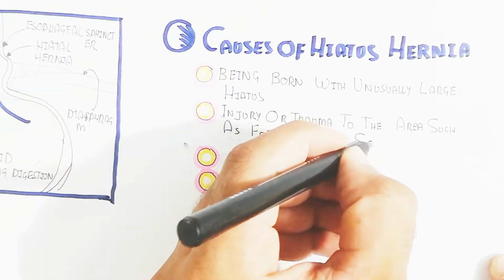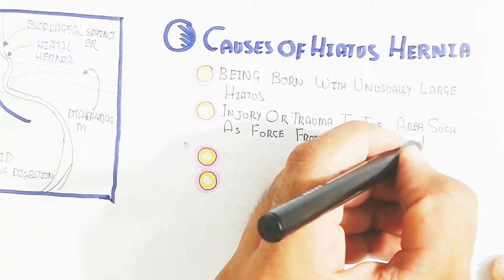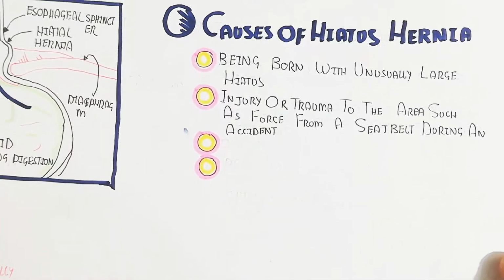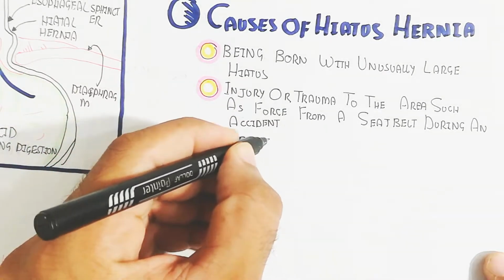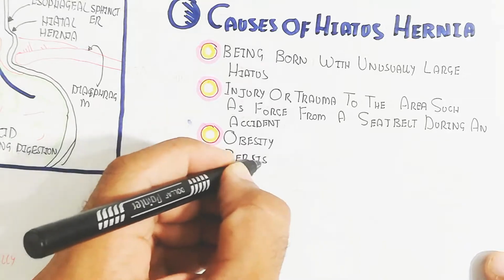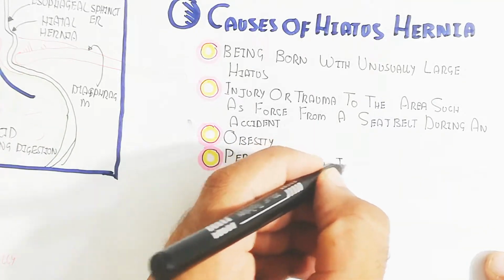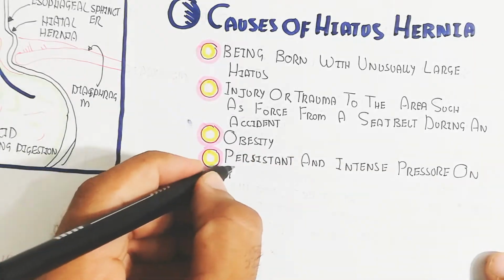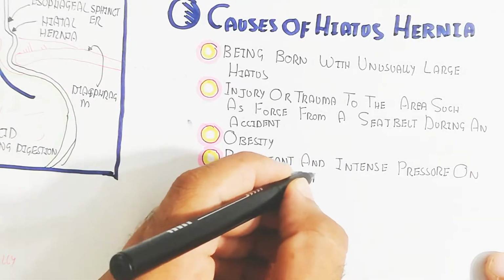On the other hand, obesity is a major cause, because obesity pushes the stomach, and acid reflux leads to hiatal hernia, the bulging of the stomach outside the diaphragm. Between the diaphragm, the esophagus should be separate.